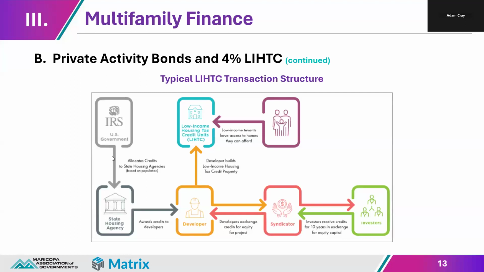There's a similar cap related to credits, 4% and 9% credits. And so state housing agencies receive that money, and then they're able to make awards to developers. There's a process here. Essentially, this is just a process of investing in those tax credits.